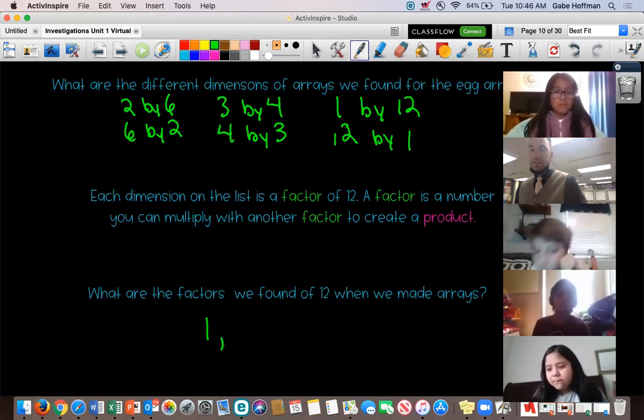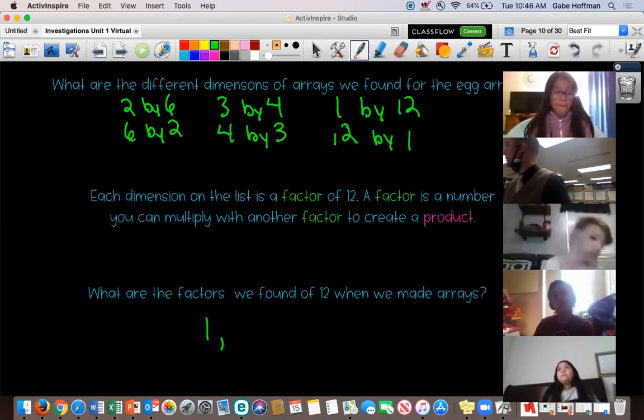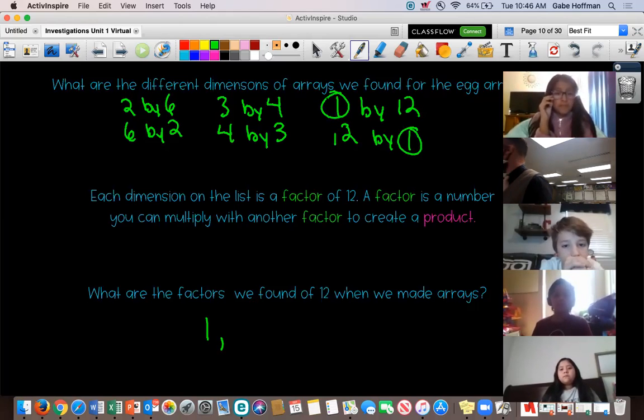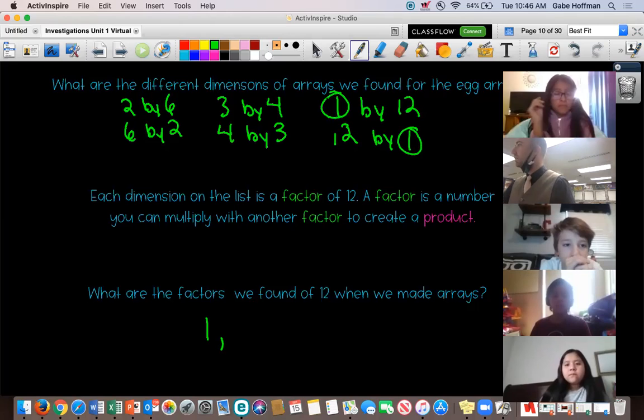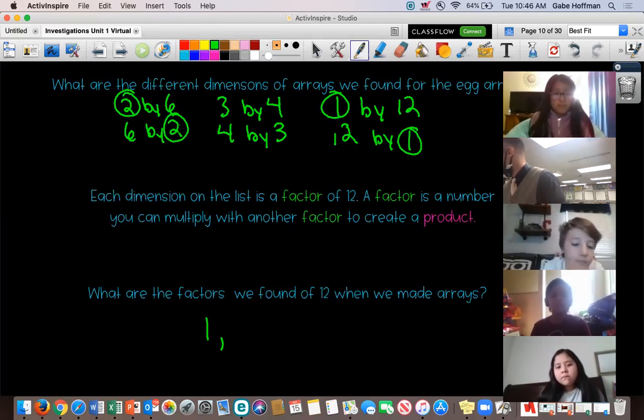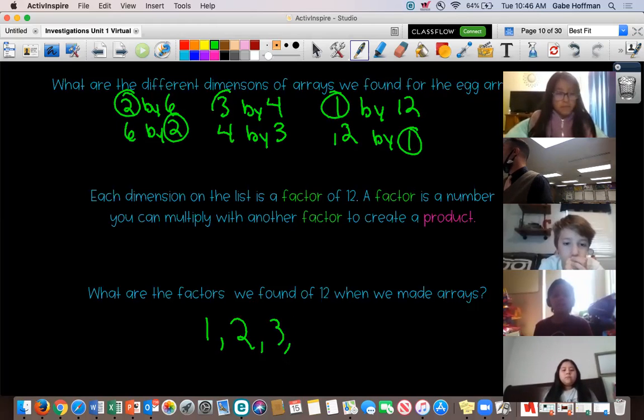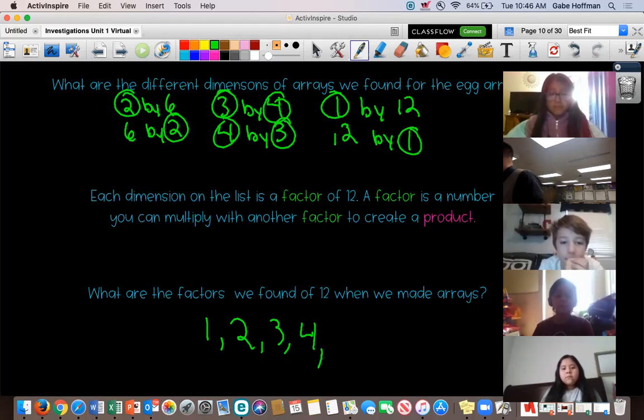You can just unmute and say it out loud. We have 1. What else? 2. What else? 3. 4. 6.